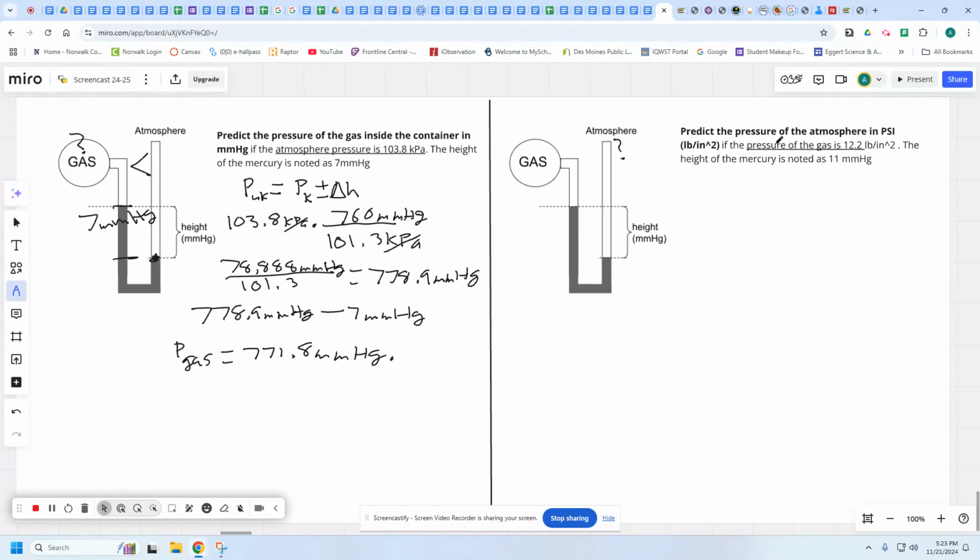If the gas in the container was 12.2 pounds for every inch squared, the height of the mercury is noted at 11 millimeters of mercury. So again, just conceptually identify which side's under more pressure. Since the liquid mercury is held up on the gas side of the container, then the gas side of the container is under less pressure also.